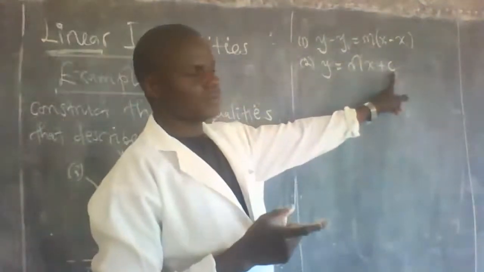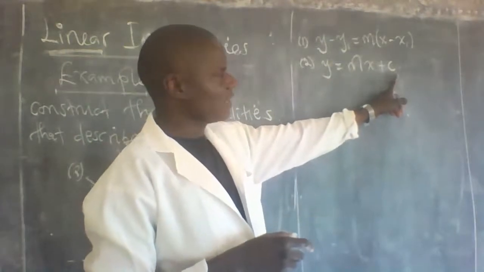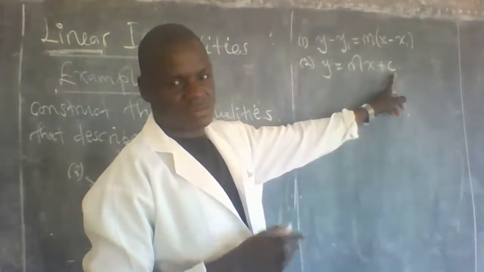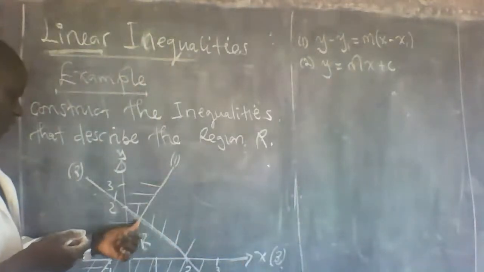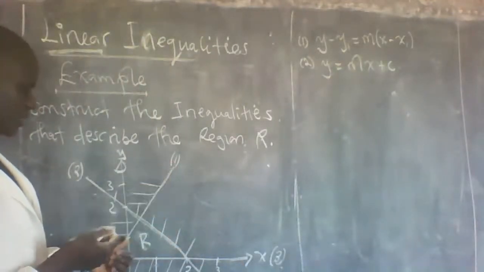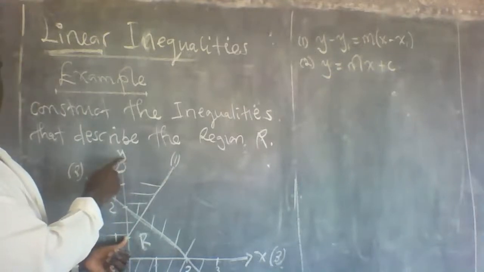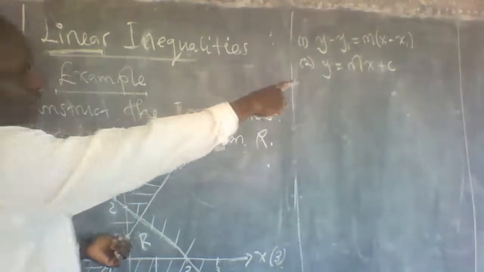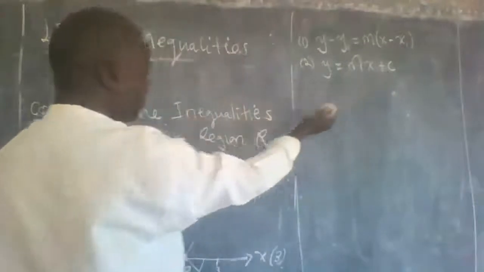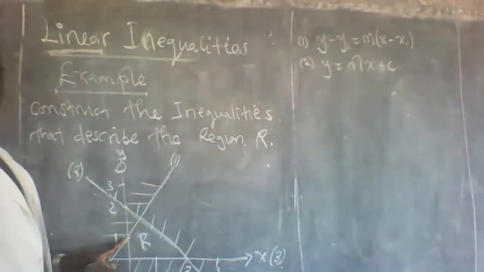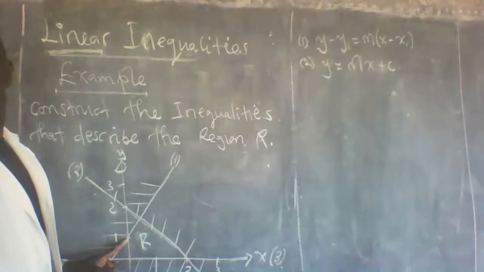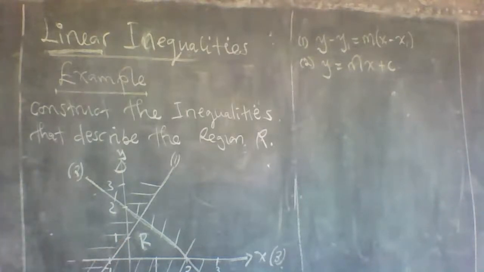This, I said from the previous writings, is the y-intercept. What is the y-intercept? The y-intercept is the point at which the line you are dealing with is crossing the y-axis. I'm going to repeat that again. The y-intercept is the point at which the line that you are dealing with is crossing the y-axis.